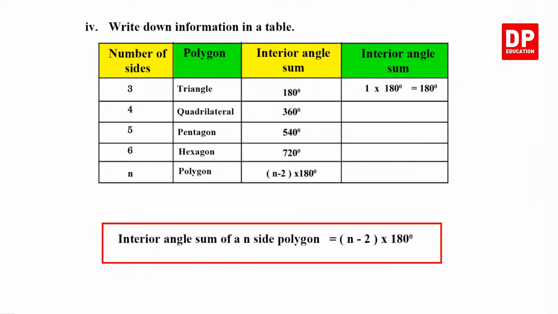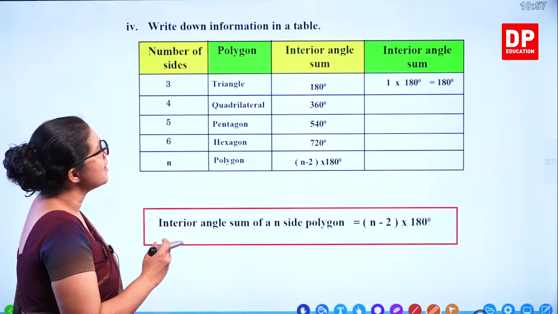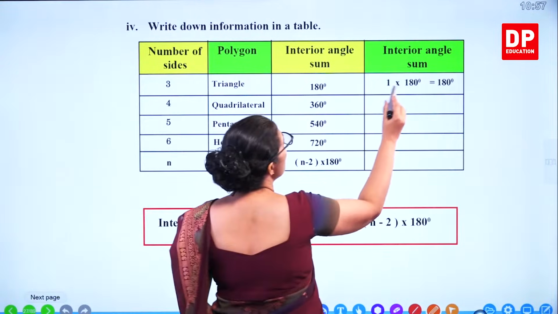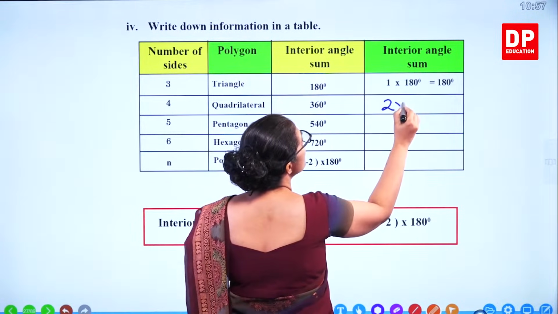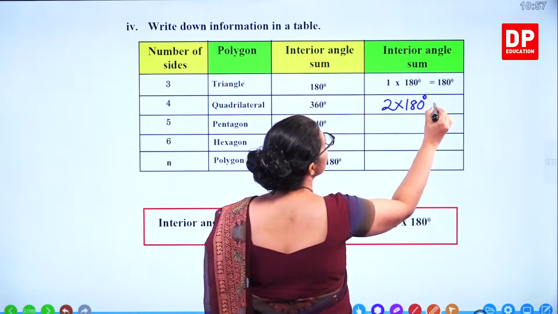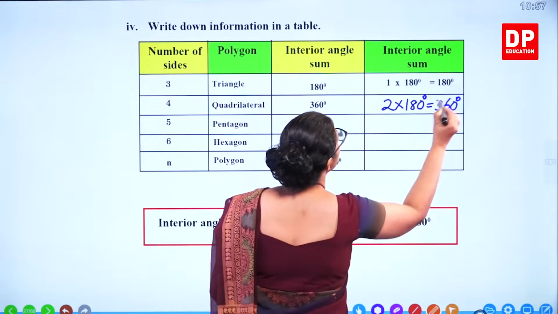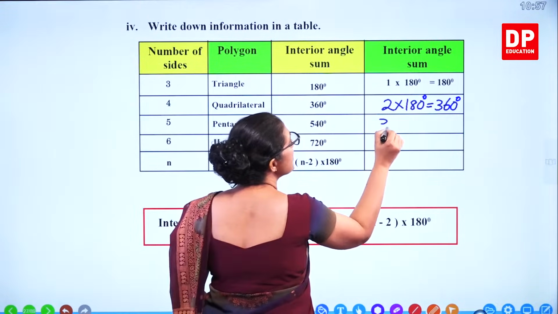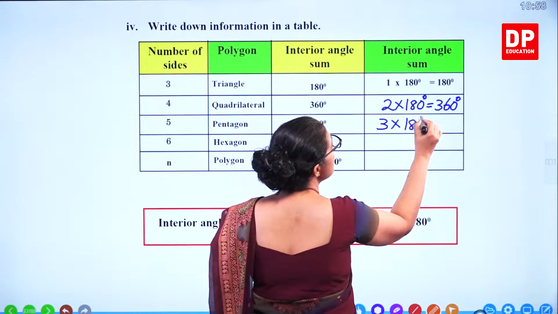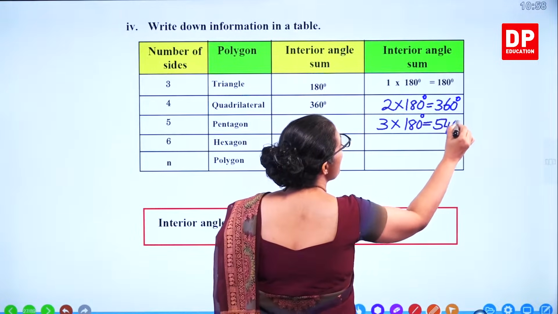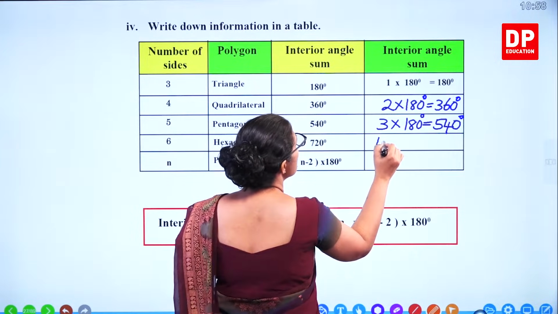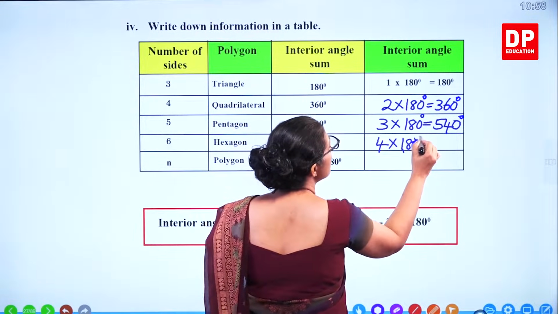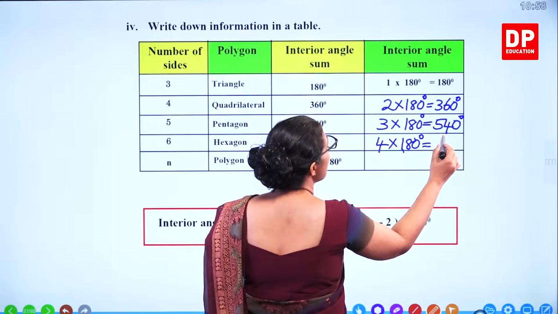So write down the information in a table. So we did the triangle. Interior angle sum is 180, so 1 times 180. This is the quadrilateral. 360 means 2 times 180. 540, that's the pentagon. 3 times 180, that's 540. So hexagon 720 is 4 times 180.